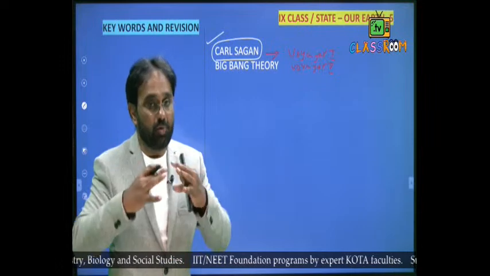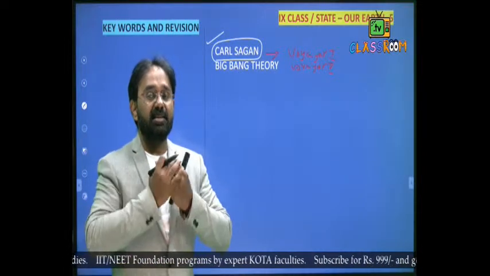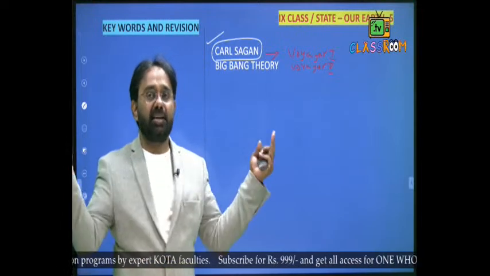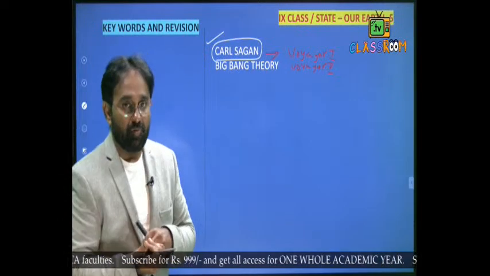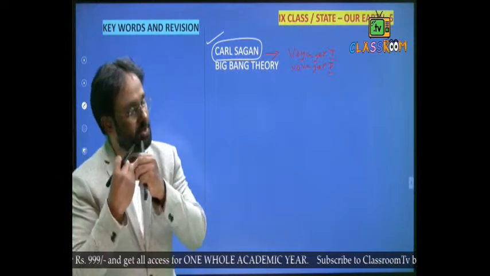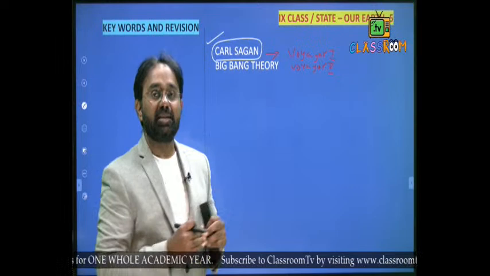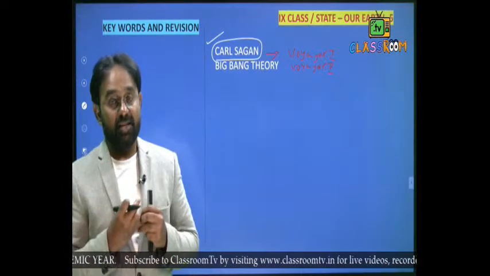Because of this huge explosion, we saw all these galaxies getting scattered. Our galaxy, also called the Milky Way galaxy, was also thrown to one side, and we are studying that Milky Way galaxy, in which our solar system is there.